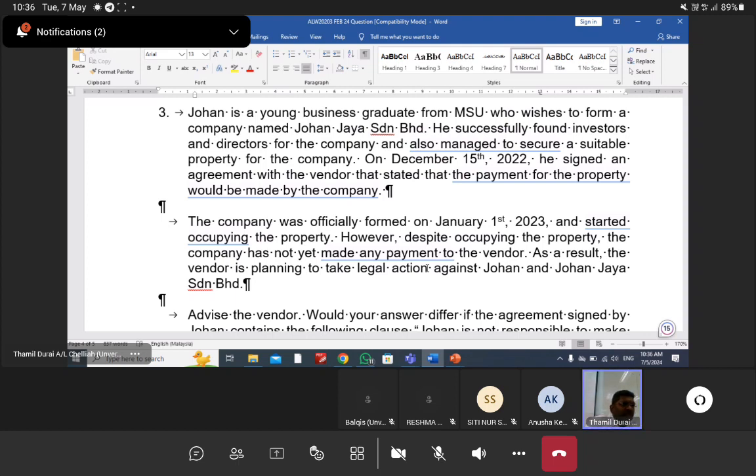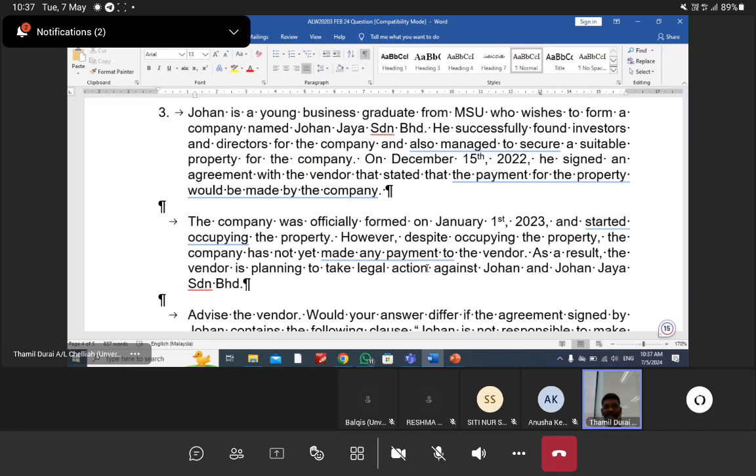If the company utilized the vehicle, that is implied ratification. So here the ratification is in the form of implied ratification, when the company occupies and runs the business from the premises which Johan contracted for.